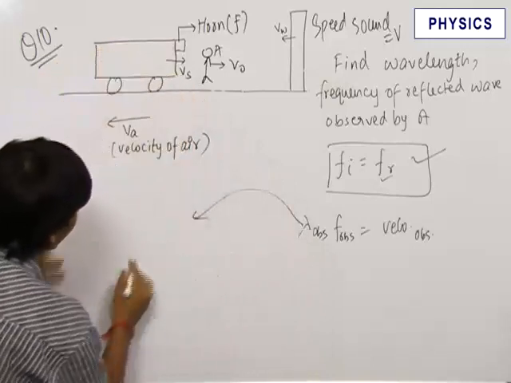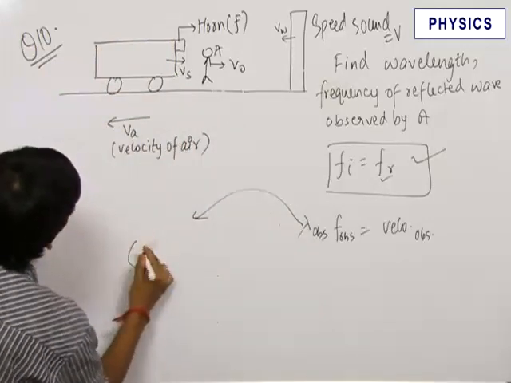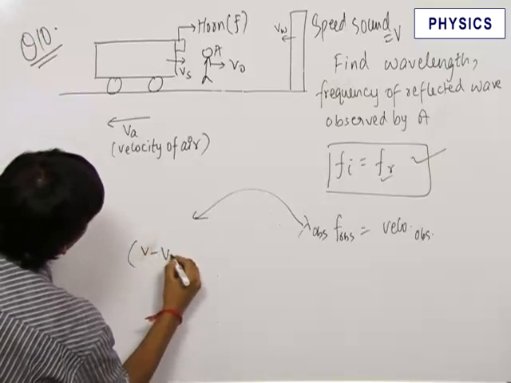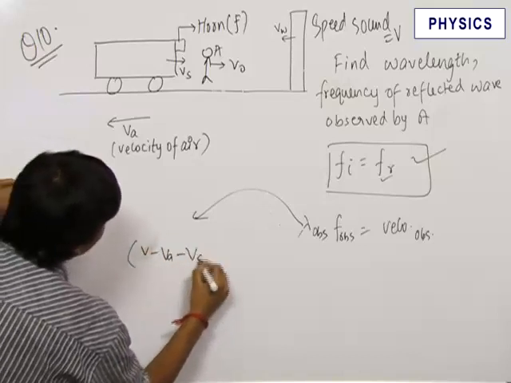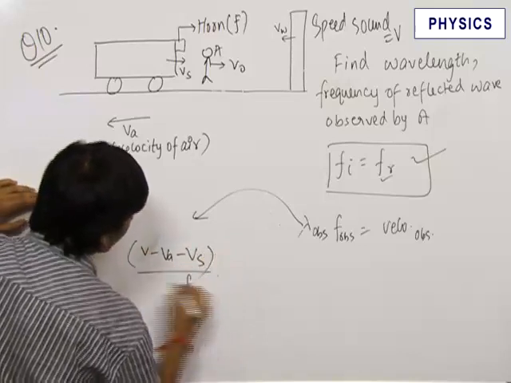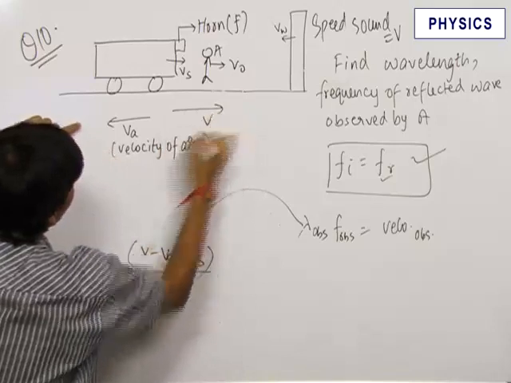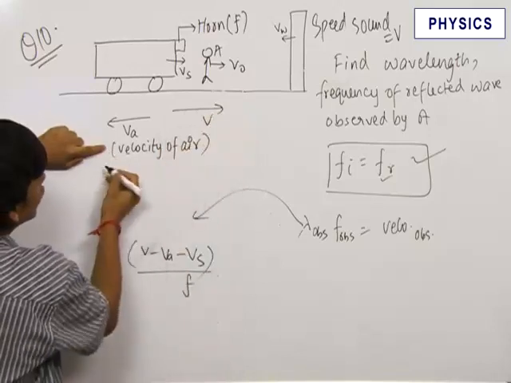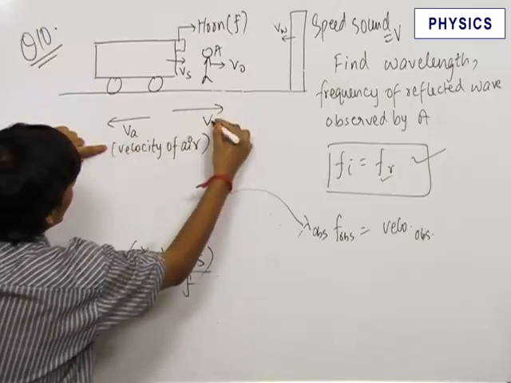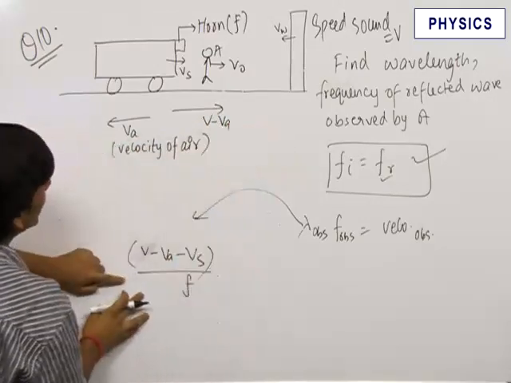So the lambda sent in is equal to v dash minus vs into t, that is 1 upon f, where v dash is v minus va. This is because sound travelled here with v, but since the velocity of air is va, we subtract va. Therefore the net speed with which sound travels in this direction is v minus va.